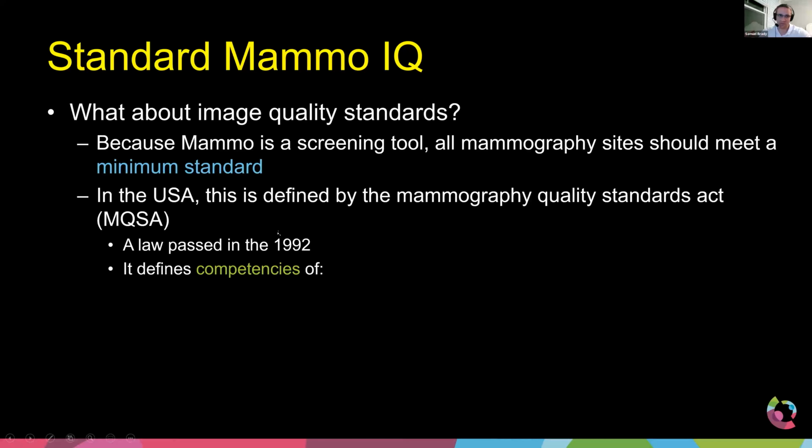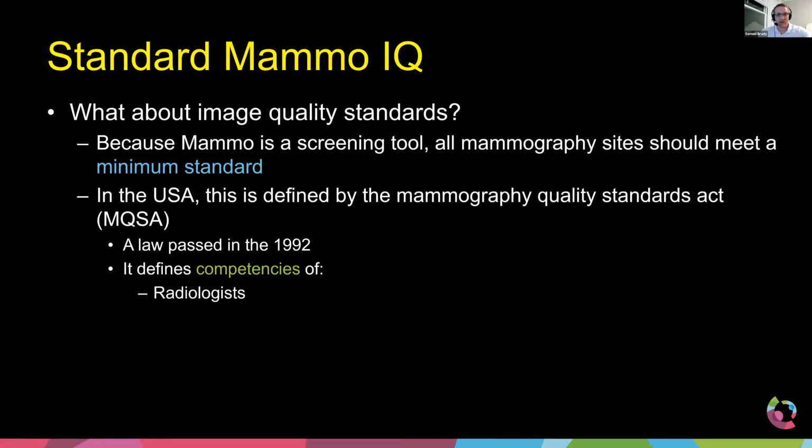Admittedly, I don't know what the rules and laws are in Thailand. I assume you have something like this. I would hope that you have a general consistent standard, because this really helps make sure from view to view, time point to time point, especially in a screening modality, you're getting consistent image quality over time. And no matter where the individual goes, whatever hospital.